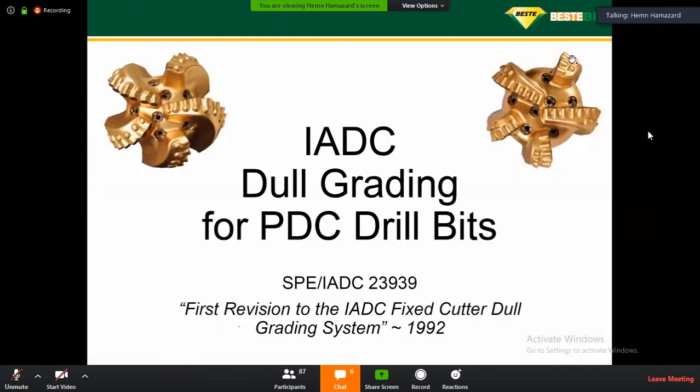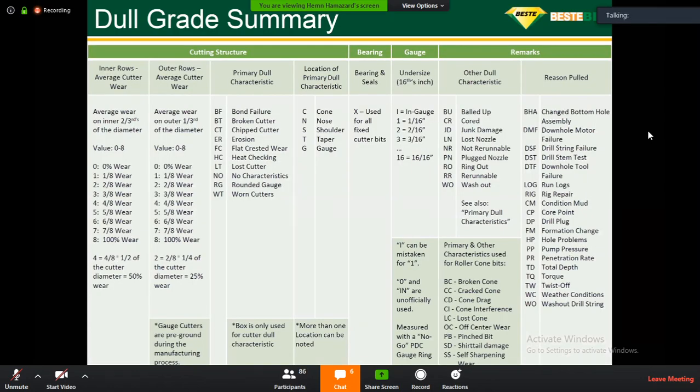But you need to take the average of the cutters, the inner cutters, which are in the area that we discussed, 2/3 of the bit. You take the average of all the cutters, and then you say whether the average of all the inner cutters is 2/8 cut, or it's half, which is 4 in this case, and so on.